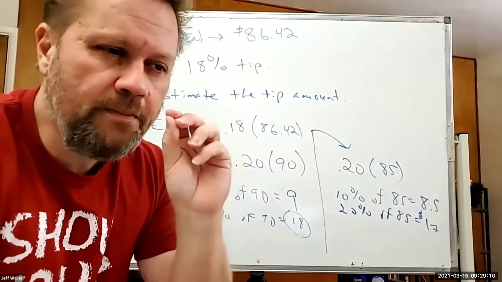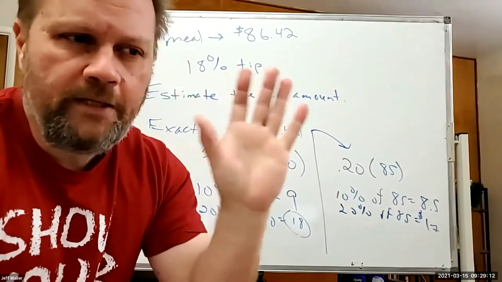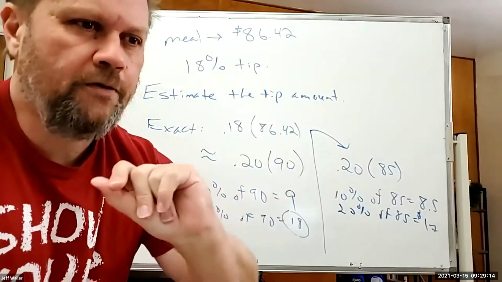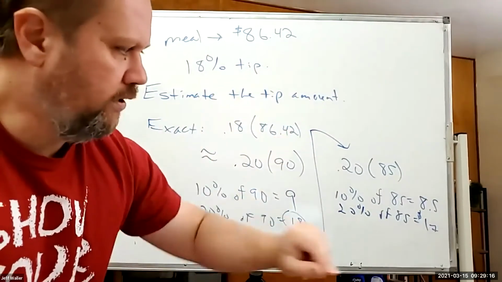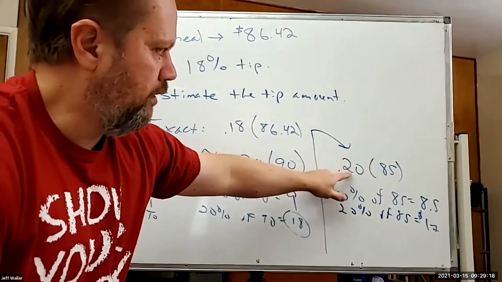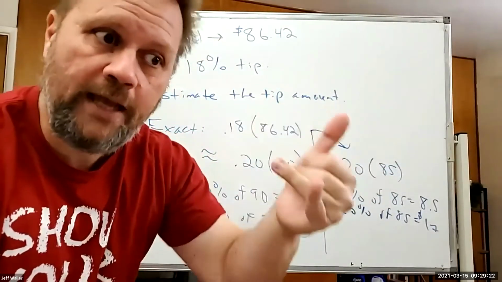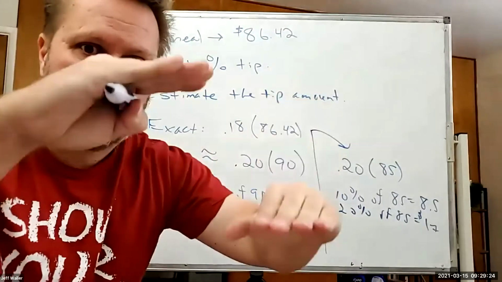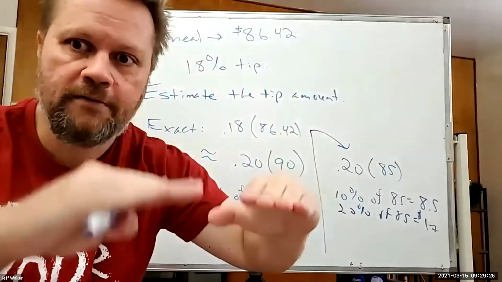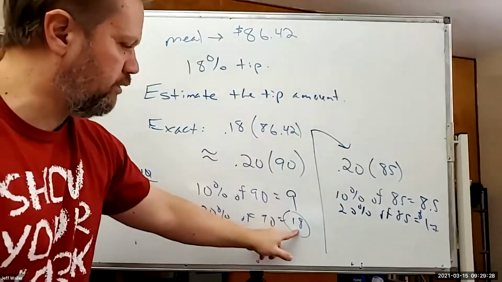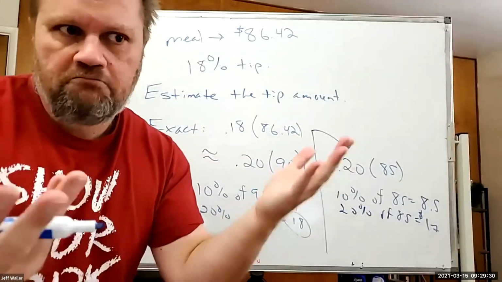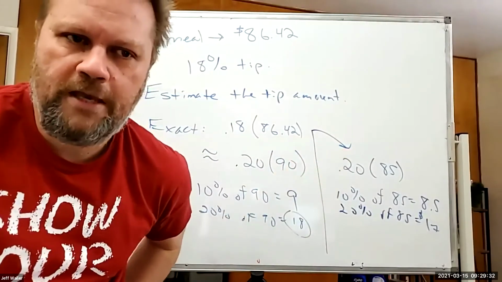This book doesn't make a big deal out of this. If anybody takes the next course after this, there is some more estimation in there, but if you round one piece of a multiplication problem up, you really should round the other piece down so that they kind of average each other out. But this one, if I do this, I know that's too high.